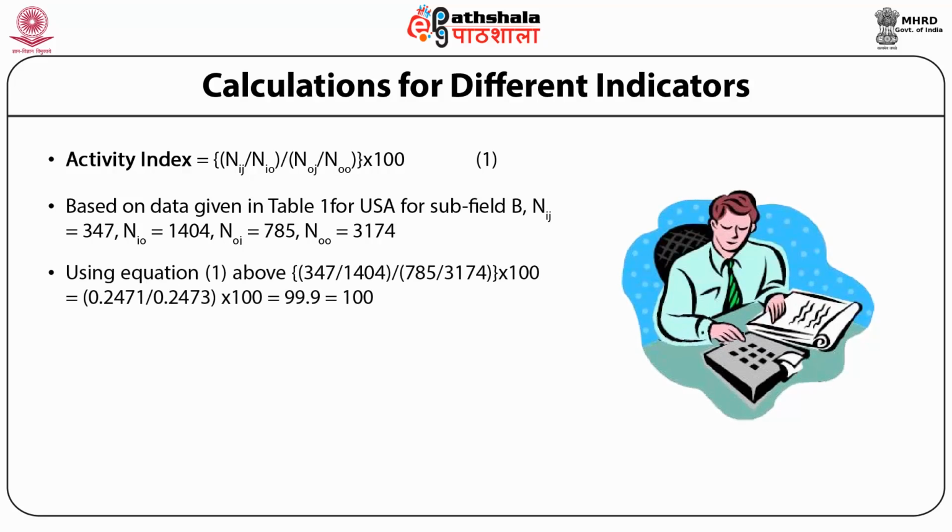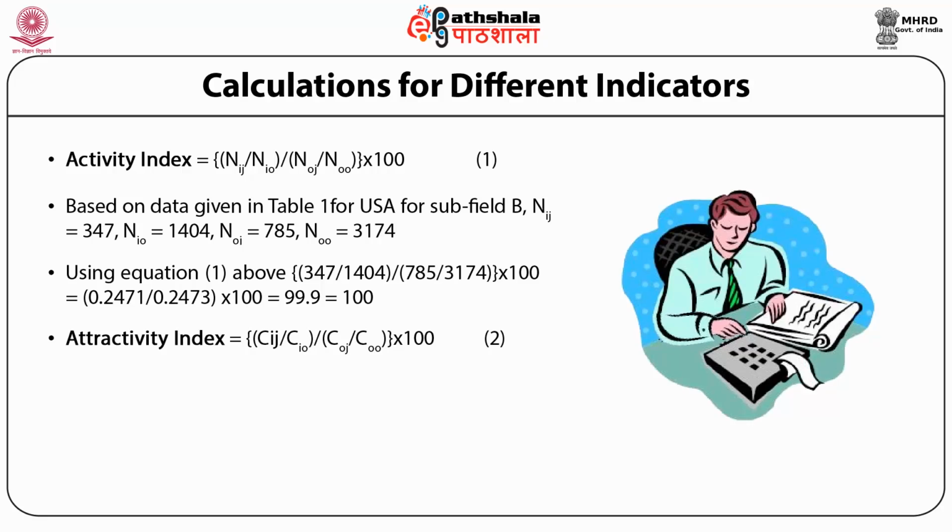Using equation 1 above, {(347 upon 1404) whole upon (785 upon 3174)} into 100 is equal to 0.2471 whole upon 0.2473 into 100 is equal to 99.9, which is equal to 100.